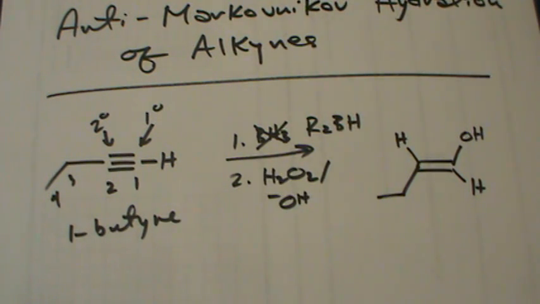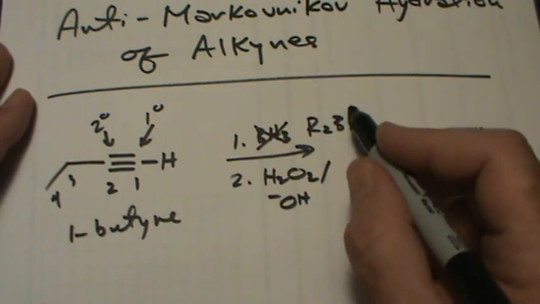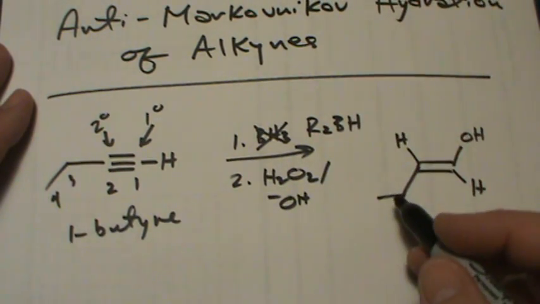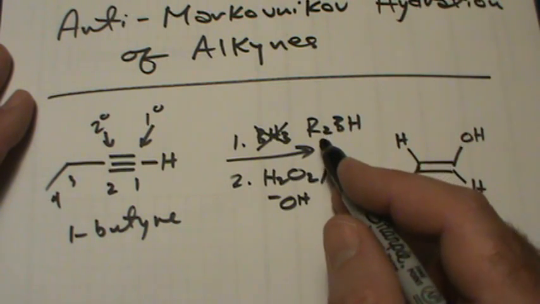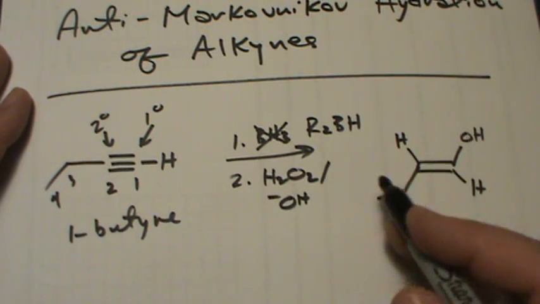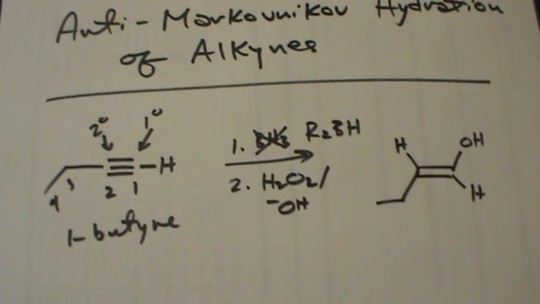And now we see the reason for using the more bulky hindered organoborane. When I use the more bulky hindered organoborane, my hydroboration doesn't give rise to a simple alcohol.